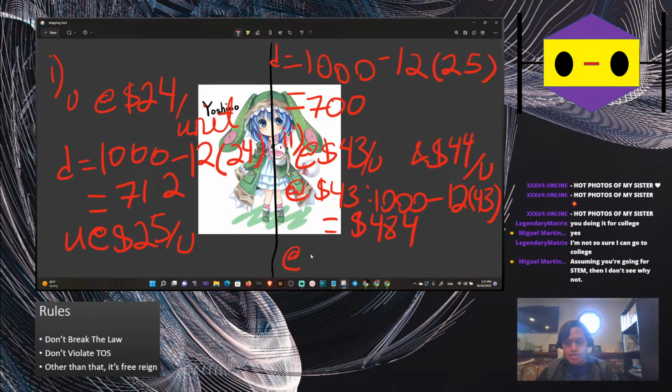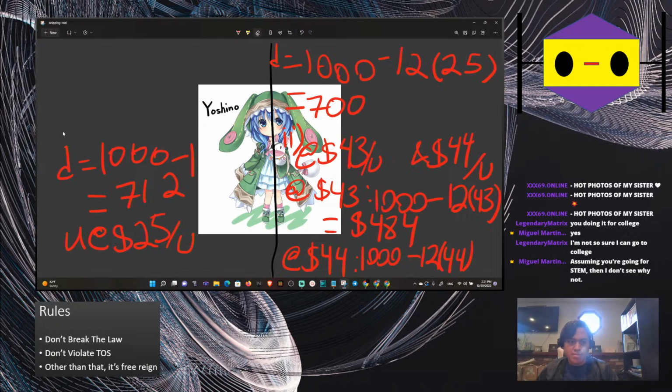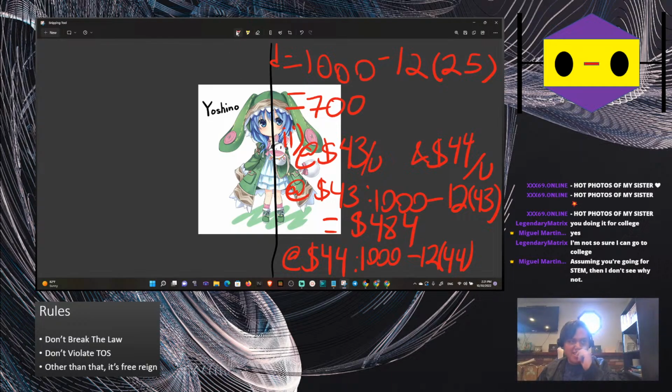And then at $44, we should have 1,000 minus 12 times 44. And how much do you think that is? 472, no? Yeah, it should be 472. Correct.